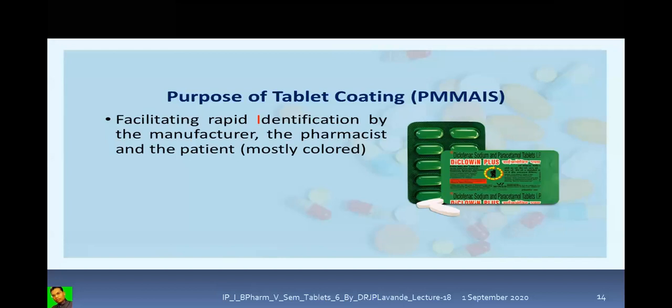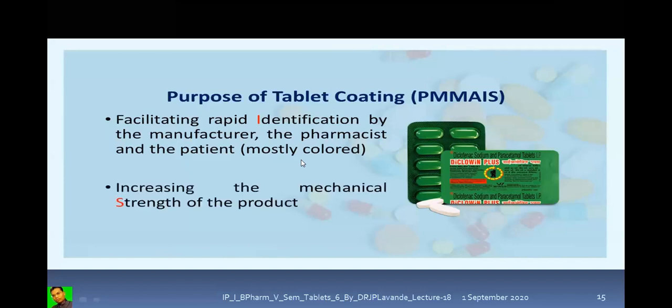So that means the coating process is facilitating rapid identification by the manufacturer, by the pharmacist, and by the patient also. That's why most of the tablets are colored by offering color in their coatings.